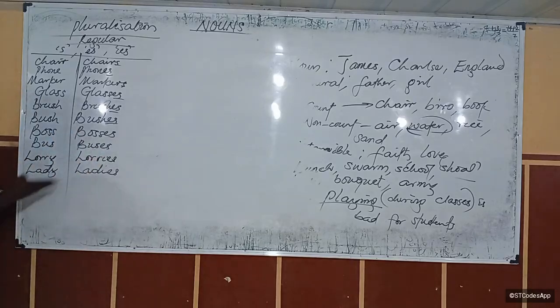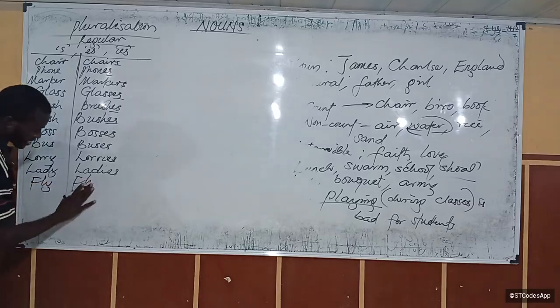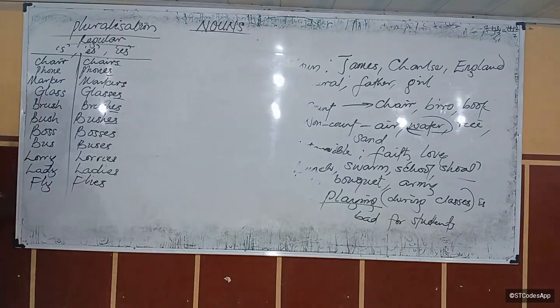Then the ones without es are usually the ones that end with y. Fly, many flies, and this is not the verb. The verb form is also like this. That is, she can fly, she flies, or it can fly, it flies. But this one is also the noun fly. All right, so these are regular nouns.